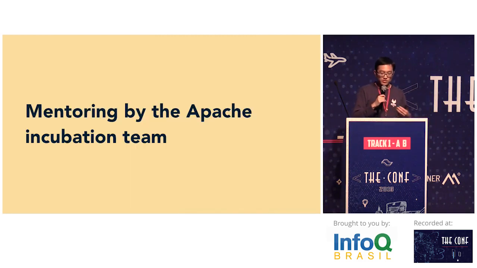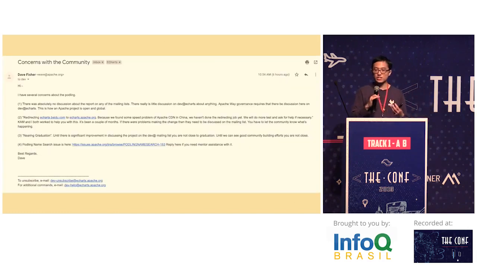This is a really good approach for this project moving forward, because a project that's successful in the open source world has to have a good community, and in order to do that, everyone has to be able to contribute. So by encouraging the team to have more conversations in the mailing list, it helps make a brighter future for ECharts.